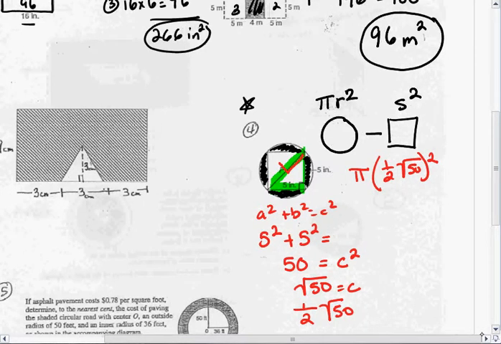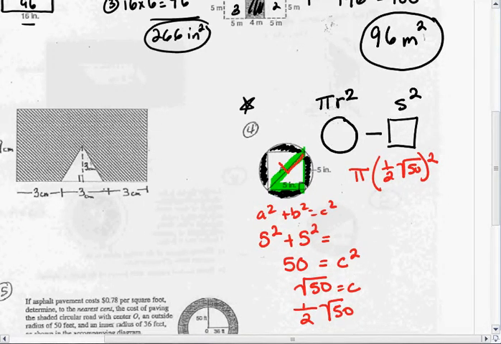So let's see, pi times 1/2 radical 50 squared. So there's my circle. Now let's see, my square has 5 on each side, so that's going to be 5 squared, so minus 5 squared.